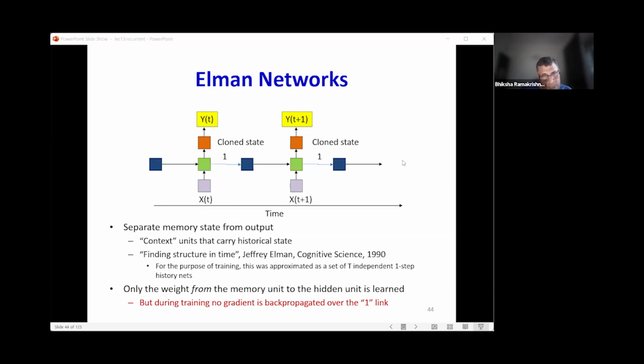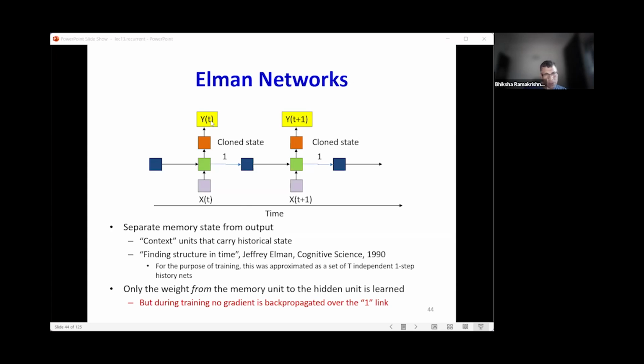So this entire sequence of inputs was used as a collection of single instant predictions, where at each time, along with the current input, the hidden state of the previous time was also an input.